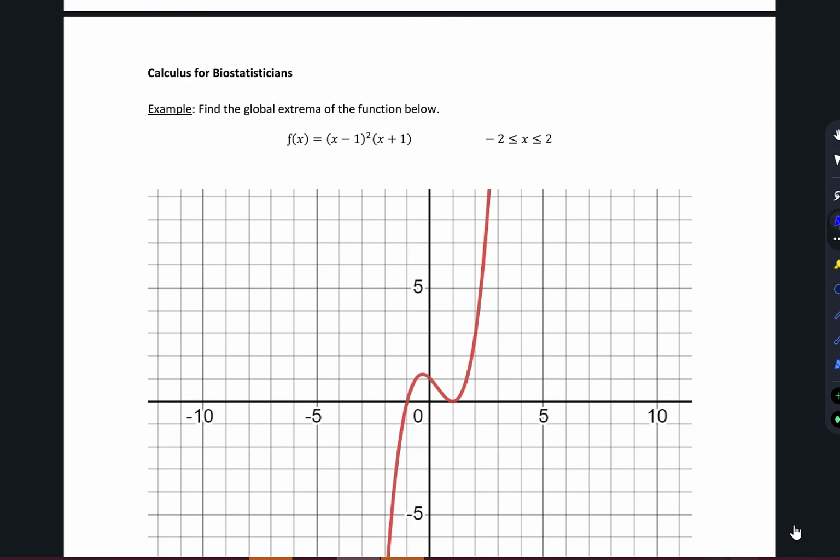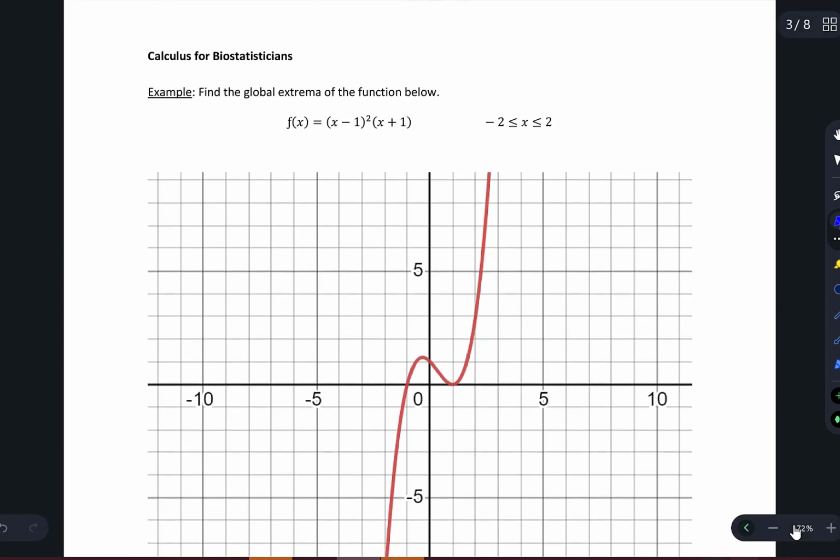All right, so looking at this example, here our function is going to be equal to x minus 1, the quantity squared, multiplied by x plus 1. And here, we're going to restrict x between -2 and 2. So first thing to notice, this is a closed interval. We could also write this interval like this.